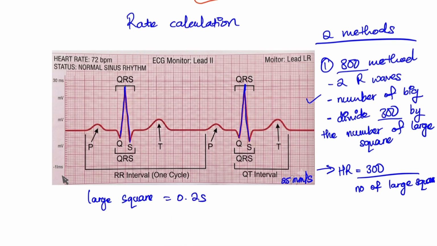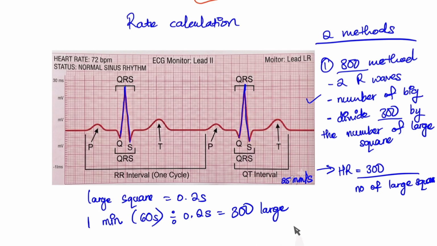Which means that in 1 minute, that is 60 seconds, there are how many large squares? 300 large squares.